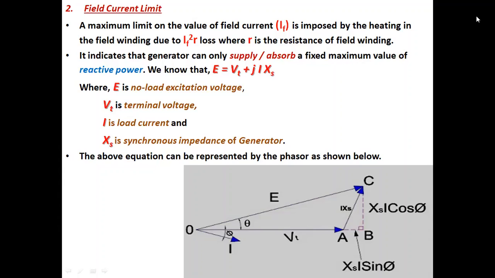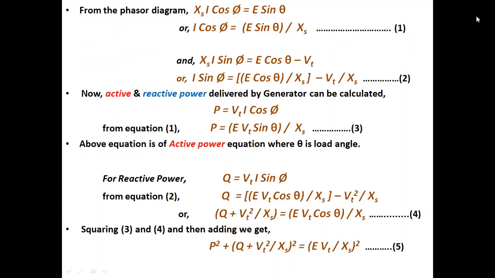The above equation can be represented by the phasor as shown below. From the phasor diagram, Xs I cos phi is equal to E sin phi.